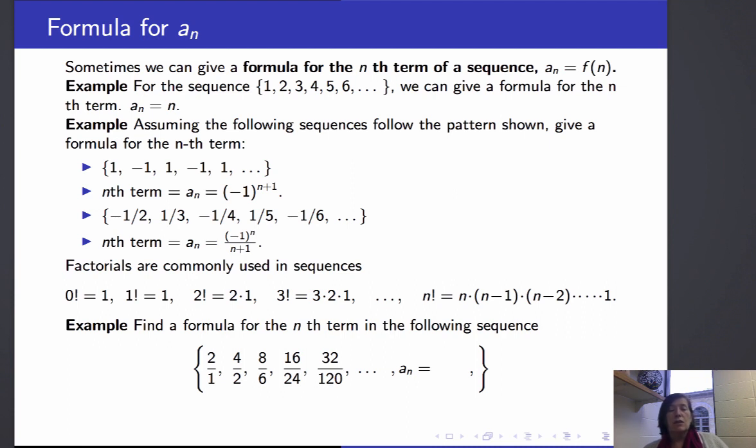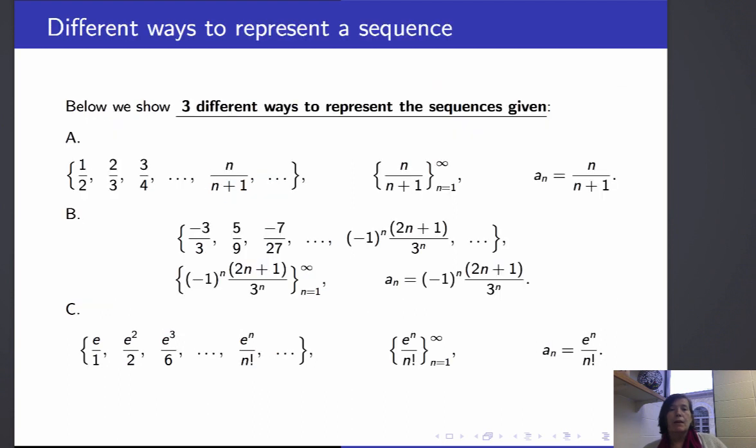So you can see the denominator is going to be n factorial. Now the numerator, you might be able to recognize what's going on here. These are powers of 2. 2 to the 1 is 2, 2 to the 2 is 4, 2 to the 3 is 8. So a formula for the nth term here would be 2^n over n factorial.